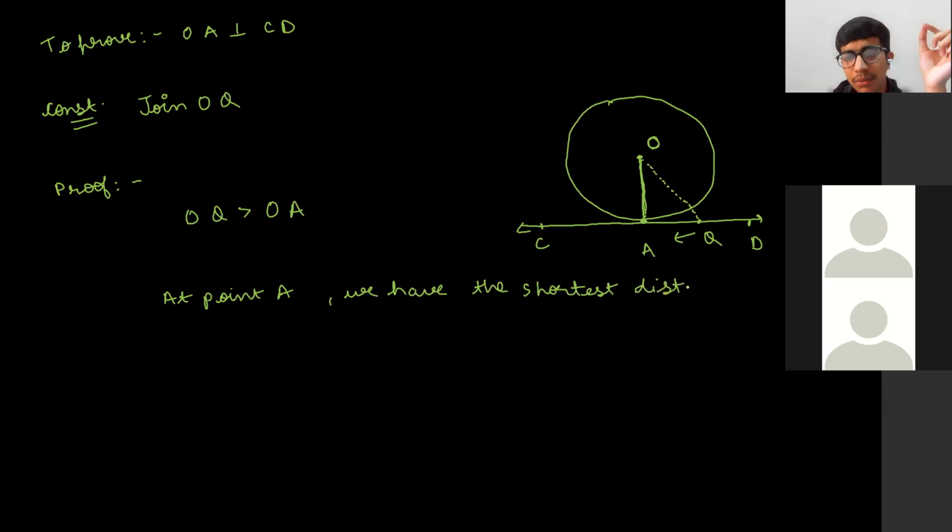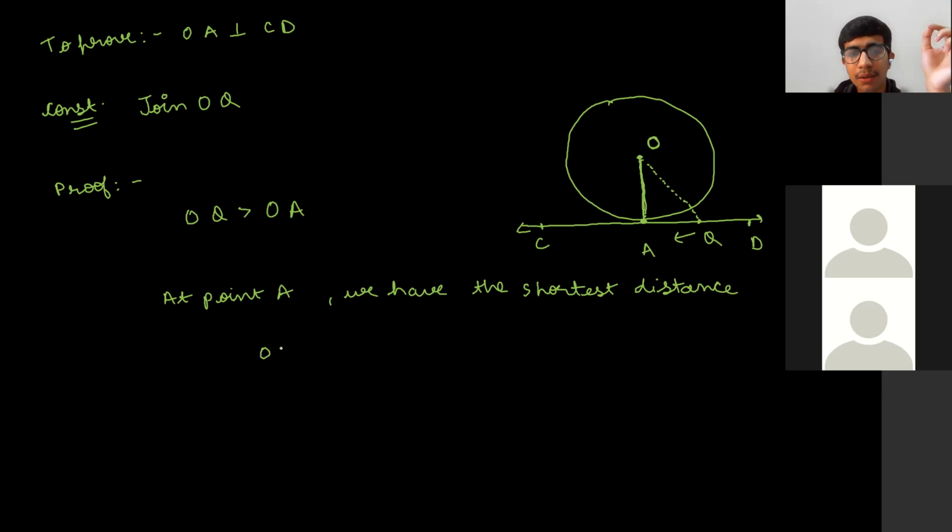So as you know, the shortest distance between 2 points is the perpendicular distance between those 2 points, right? So since for every point Q, the shortest distance will be at point A, therefore we can say that this line segment, this radius OA, will be perpendicular to the tangent which we have, which is CD. So at point A, we have the shortest distance.